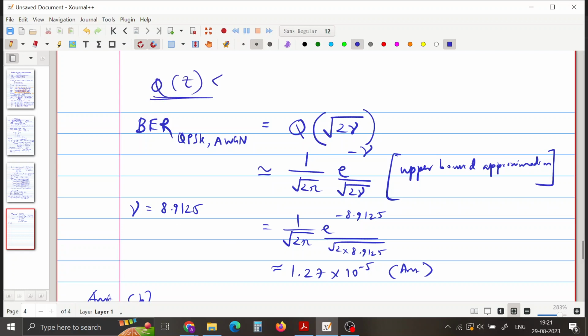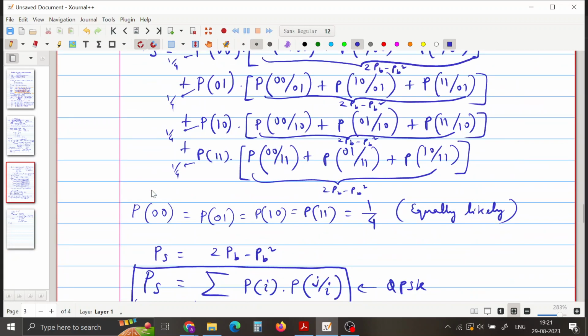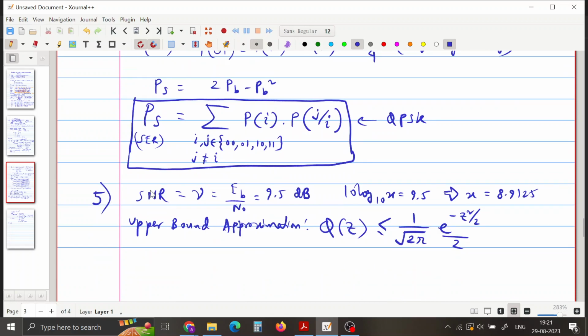The Q function is upper bounded by this quantity, e power minus z square by 2 by z. So this is what I wrote here.